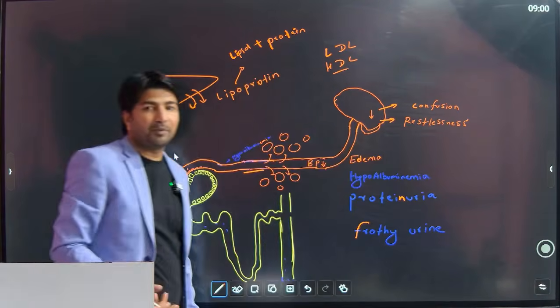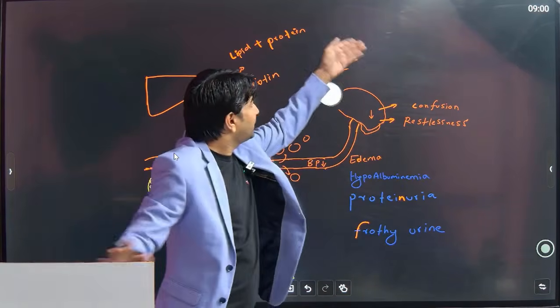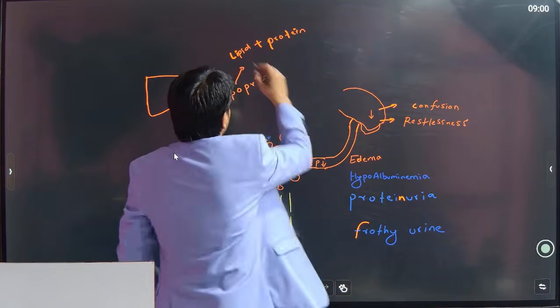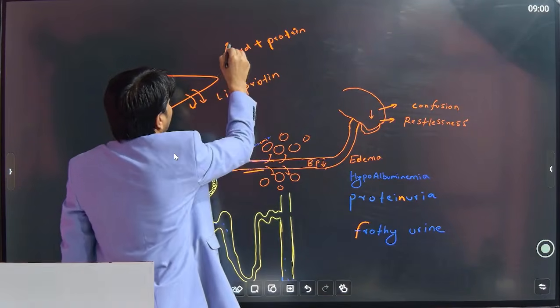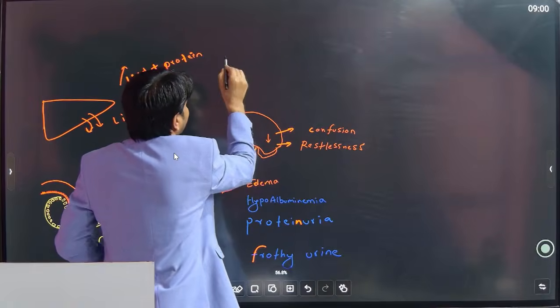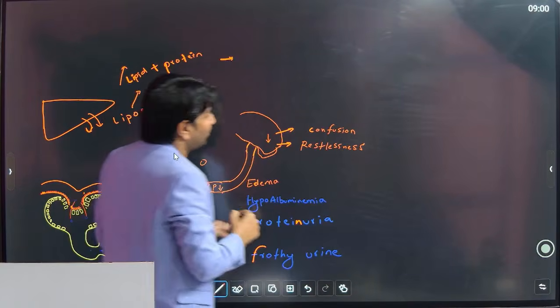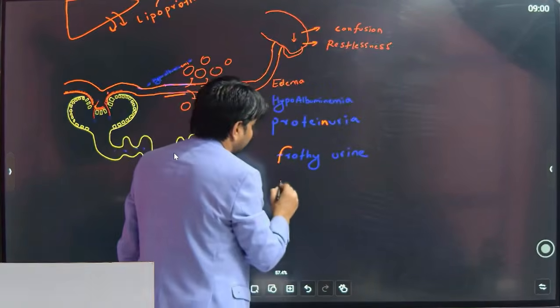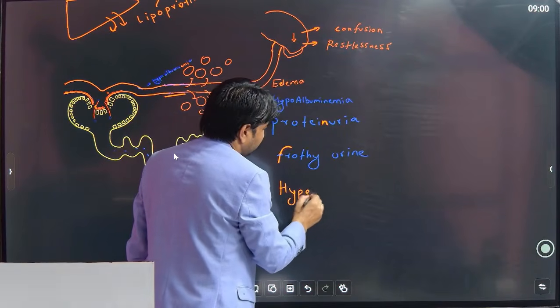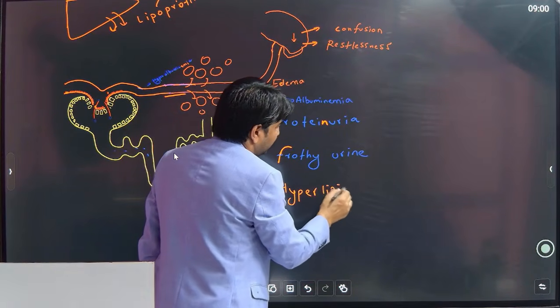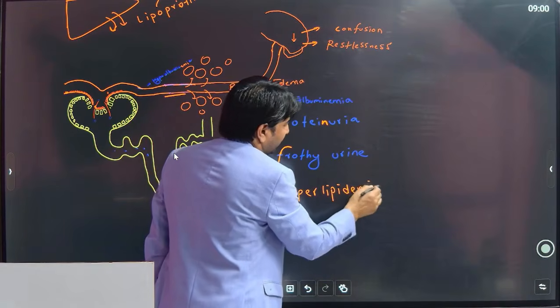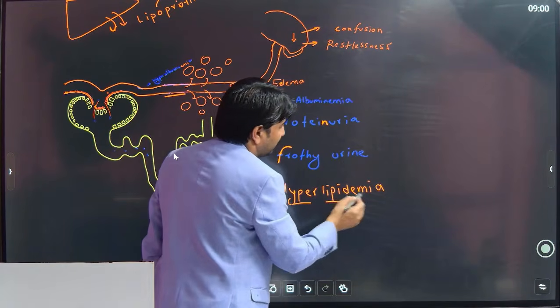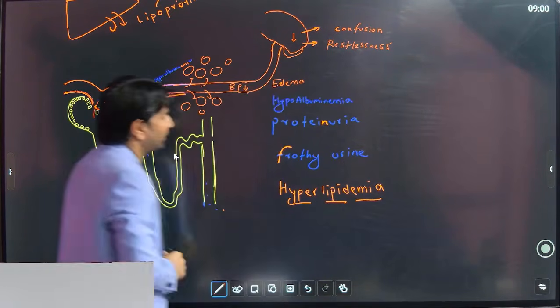So, if more lipoproteins are formed in the body, since it's like a lipid, its level will keep increasing. If the lipid level increases, a new problem will be created in the body, which we call hyperlipidemia. Hyper means high, lipid means lipid, and emia means in the blood.